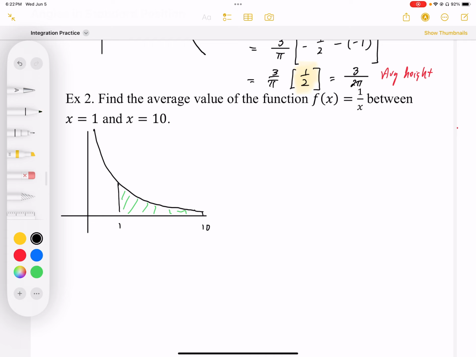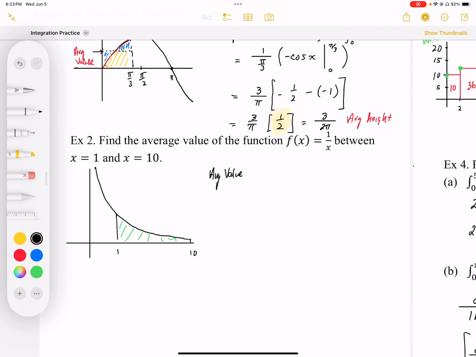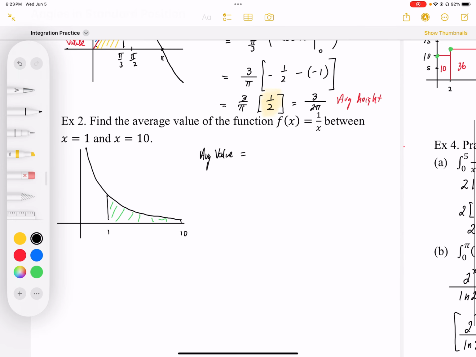What I'm going to do is use the formula. So the average value, looking back at the formula, is going to be 1 over b minus a, 1 over 10 minus 1, and the area from 1 to 10 of the 1 over x function.